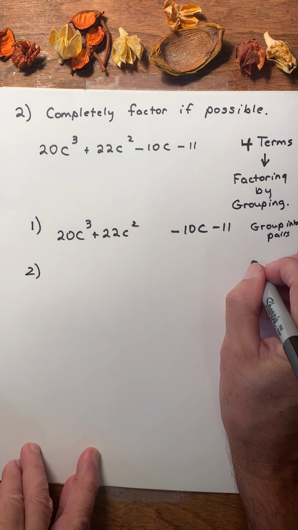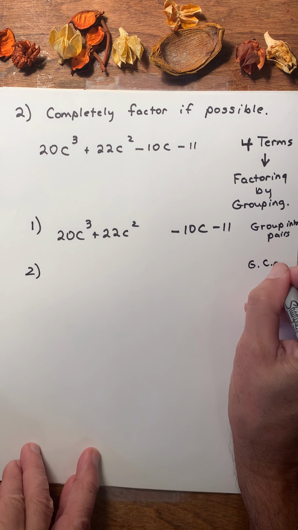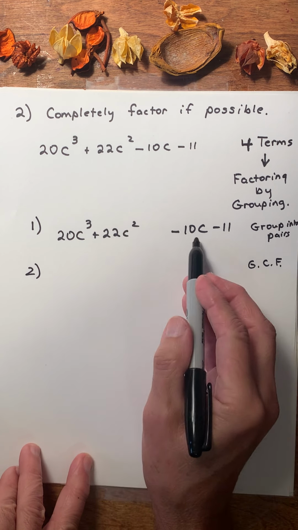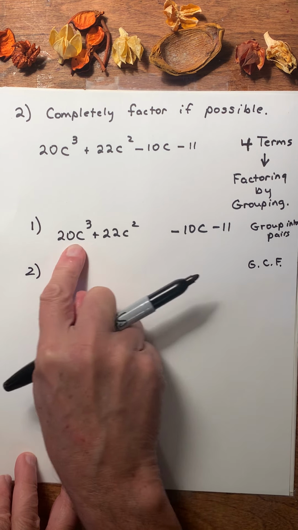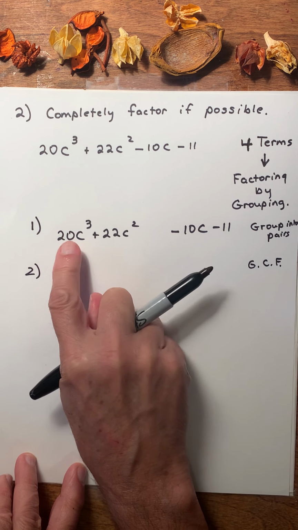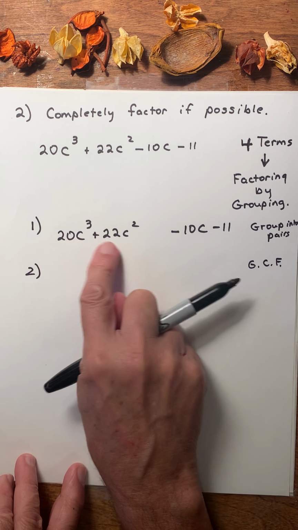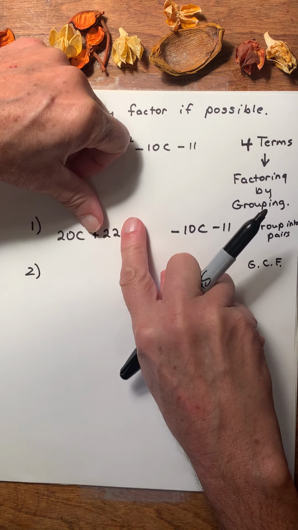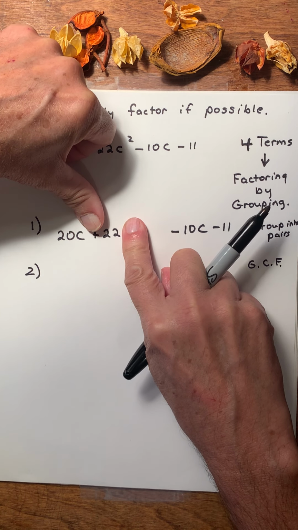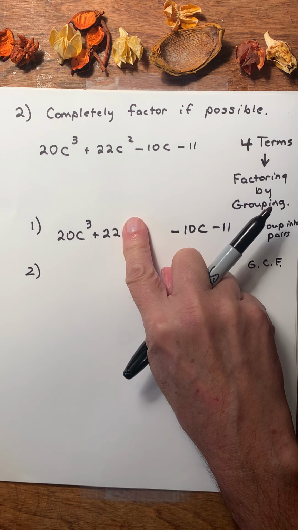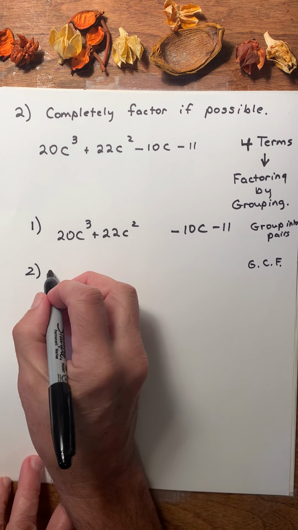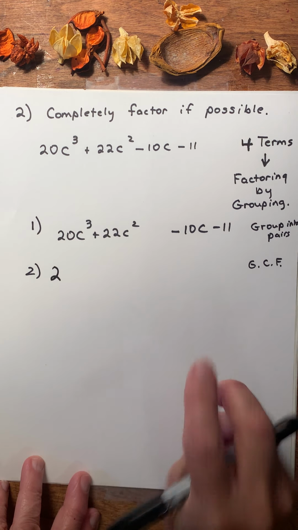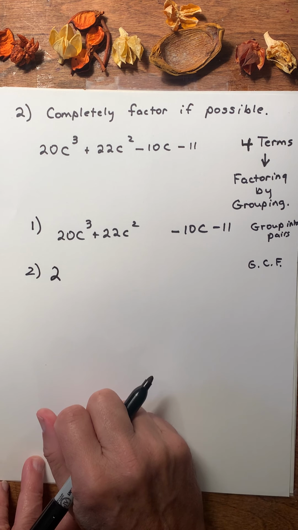The second step is find the greatest common factor in these two pairs of numbers. So I look at these two terms right here, and I say, what do these two guys have in common? Well, let's look at the numbers first. 20 and 22. They're both even. They both are divisible by 2, right? So 2 is part of my common factor.